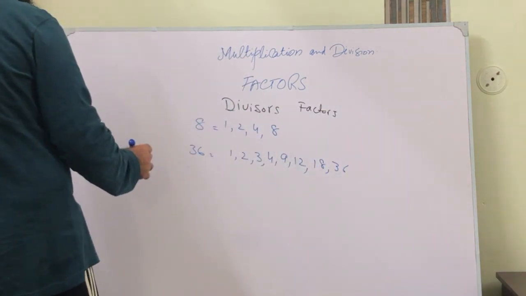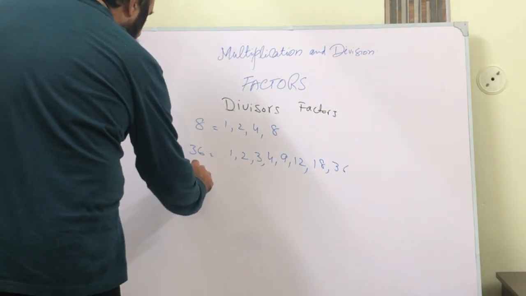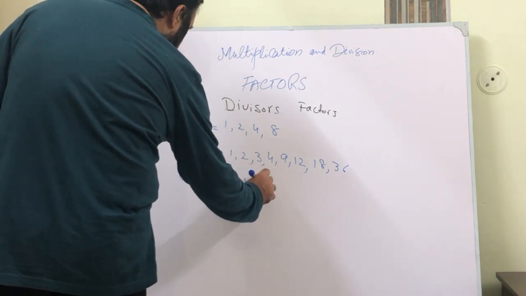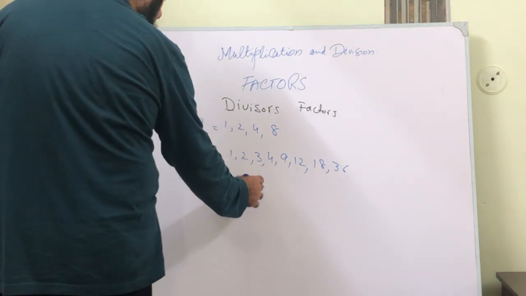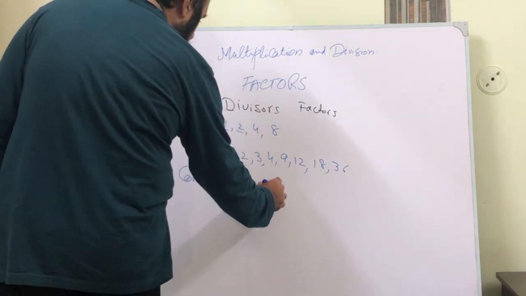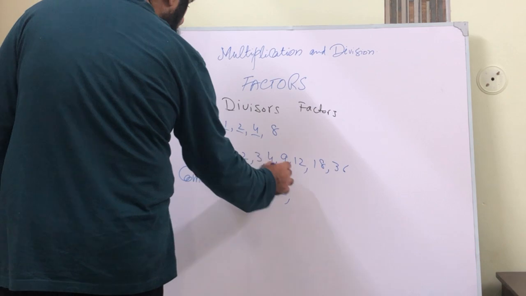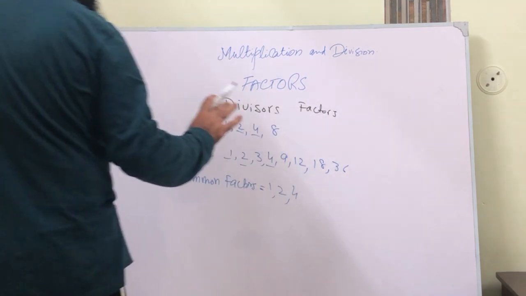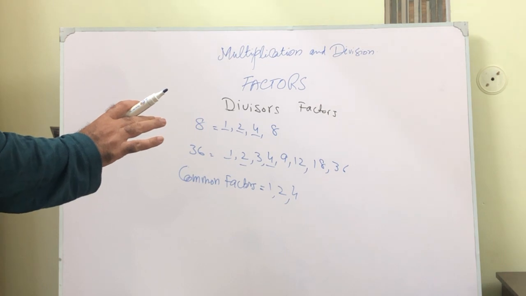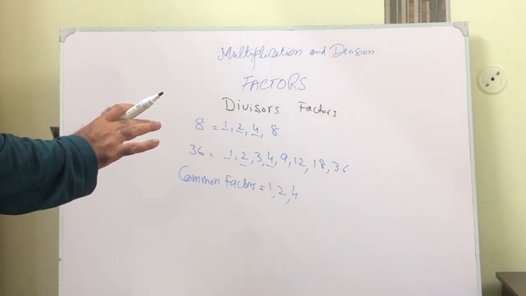These are the factors for 8 and 36. Then we can find the common factors, the numbers which appear in both lists. Here we have 1, 1, 2, 2. Here we have 4, here we have 4. So we have 1, 2, 4. These are the common factors.